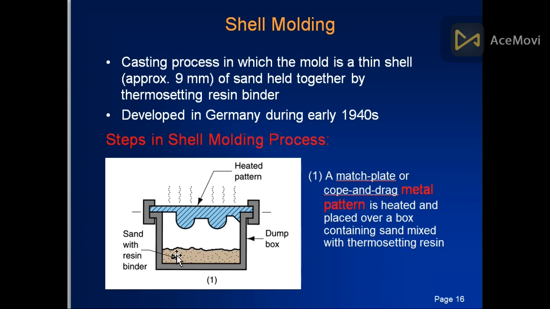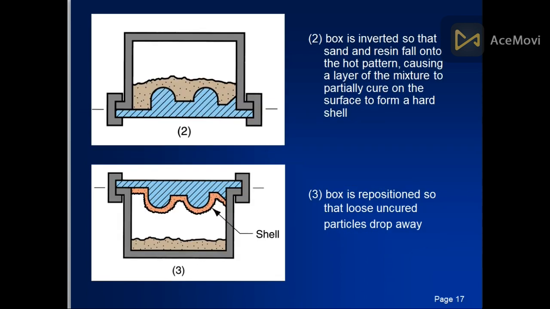In the next step, we invert the box, cope and drag. The sand will come onto the heated pattern, and we will reposition the box. Then some of the sand will fall down, and the shape of the pattern is formed.